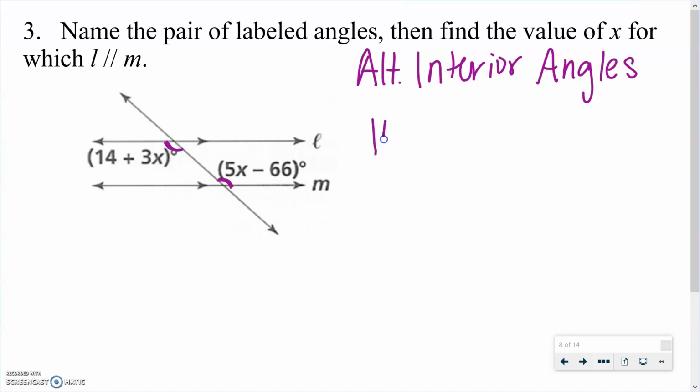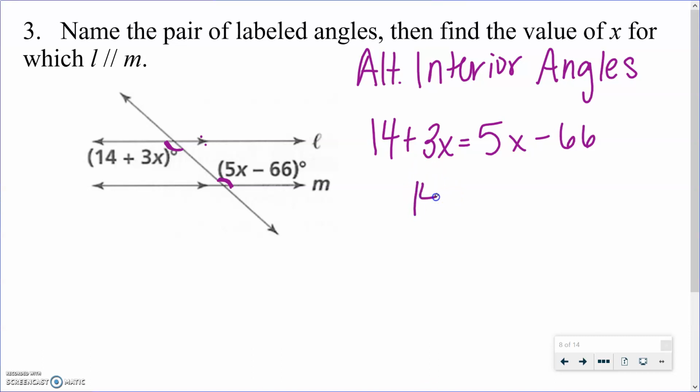Okay, so 14 plus 3x equals 5x minus 66. We can use this equation because we know that L and M are parallel because they're marked that way, and these are alternate interior angles on a set of parallel lines cut by a transversal. So we can set those two angles equal to each other and solve to get the value of x.